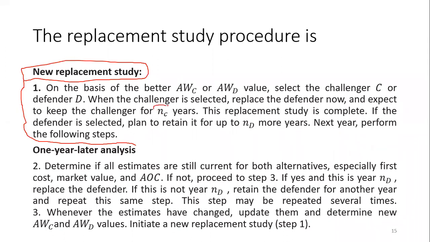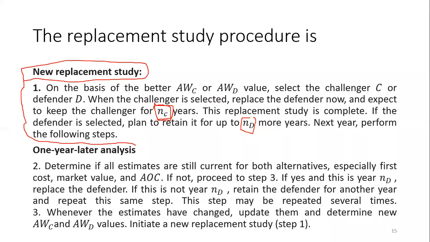What is the NC years? The economic service life of the challenger. This replacement study is complete if I do that for this year. Okay? If the defender is selected, we plan to retain it, we keep it for ND years. This is the economic service life for the defender.